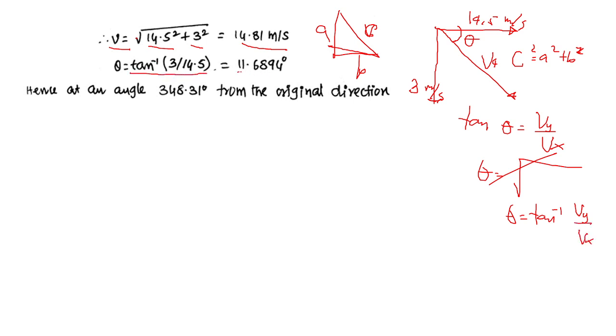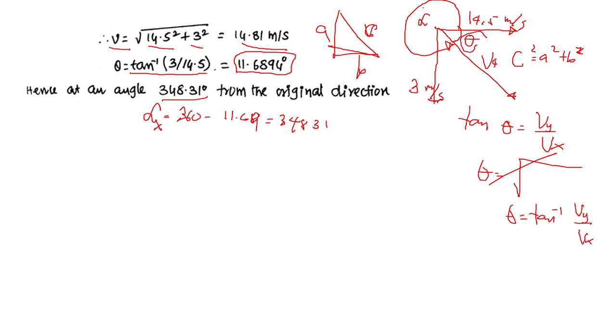So we got an angle of 11.68 degrees. If you would like to measure the angle from x, let us say this one is alpha, so alpha will just be 360 minus 11.68. You'll get this answer, 348.31. Anyway, whether your answer is this one or this, these are all correct.